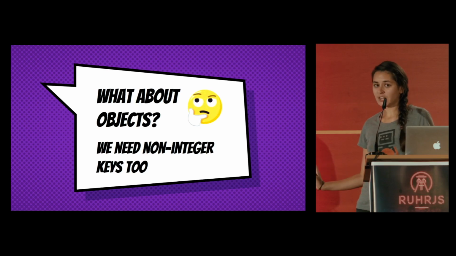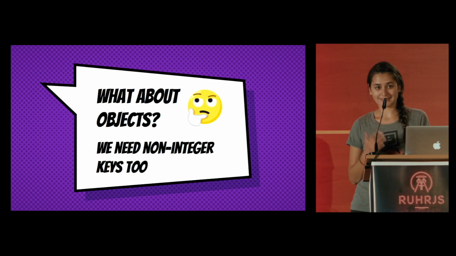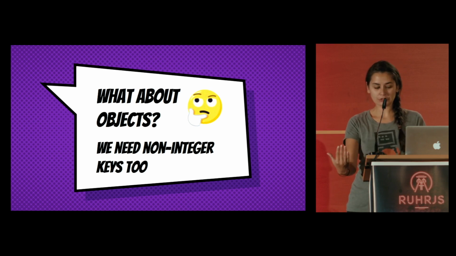So far we've been talking about array-like objects where we have integers as indices that are associated with values, but we want to have regular key value objects. We want non-integer keys. So how do we do that? Well, it's actually a really simple insight. In the land of immutability, all of your objects are immutable.